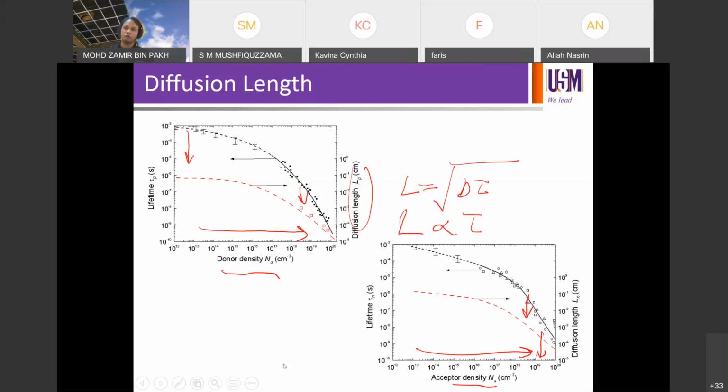So you cannot simply go for heavy doping to reduce resistance without looking at other factors, or simply reduce the doping level just to have good lifetime and diffusion length without taking care of the series resistance in the device. So it's always a juggle between both.